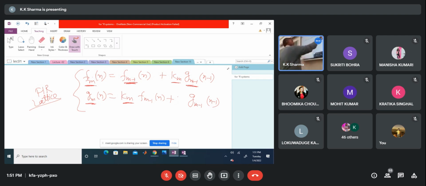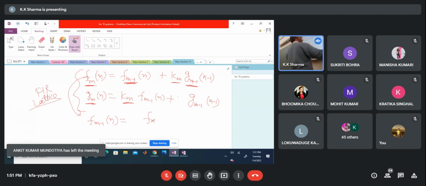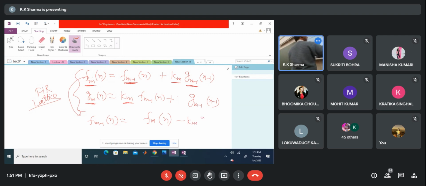Now if I write down the same equation in this way, f_{m-1}(n) is equal to f_m(n) minus k_m g_{m-1}(n-1). I can write down the same equation. I am not changing this lower equation for the FIR lattice.